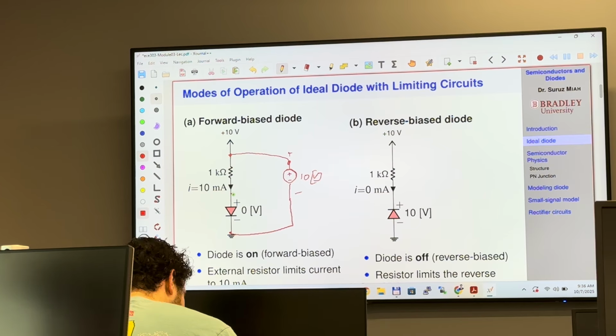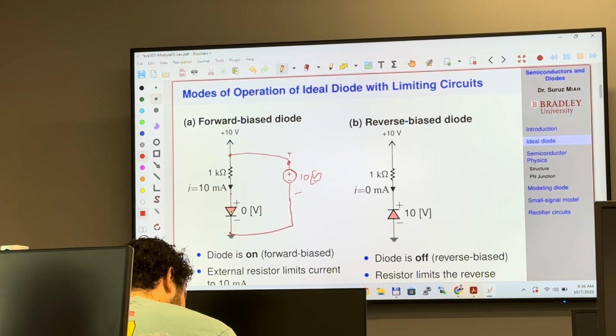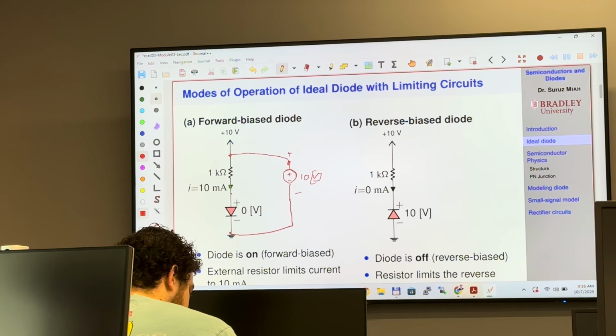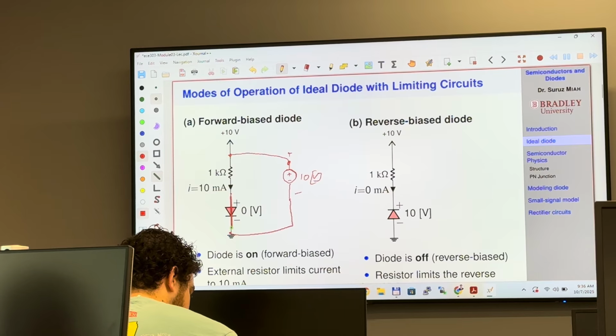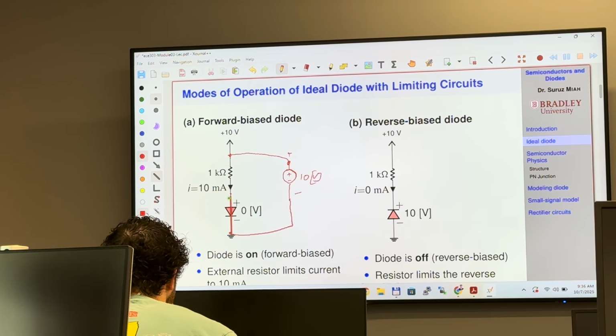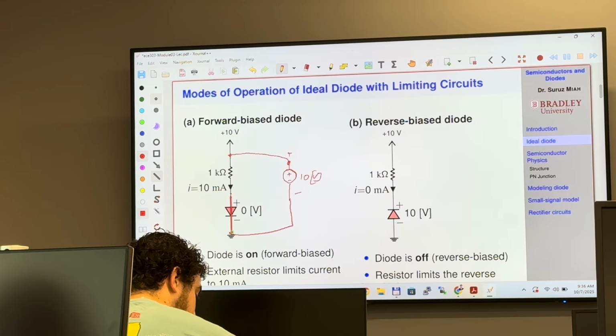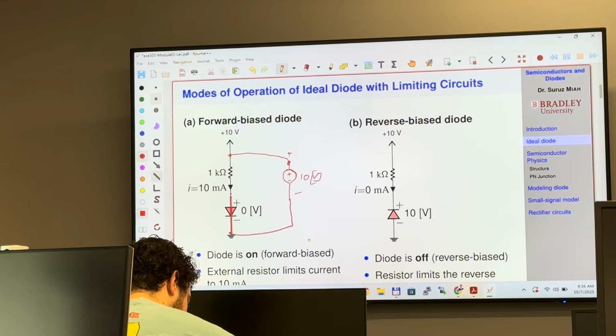We are considering an ideal diode. Because the anode voltage is greater than the cathode voltage, you can just think of this diode as a piece of wire, which means that the voltage between these two terminals is going to be 0 volts.